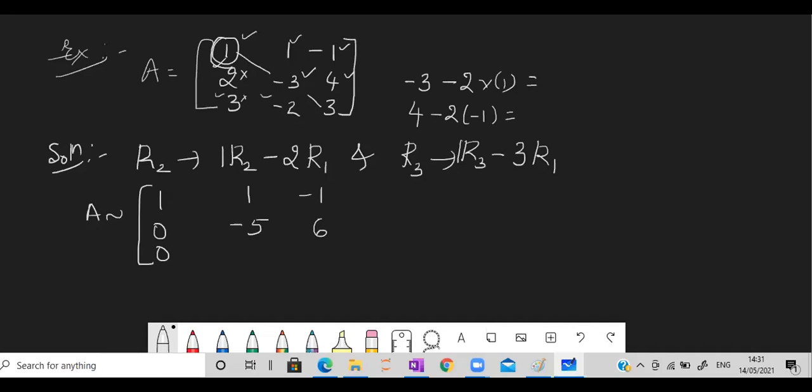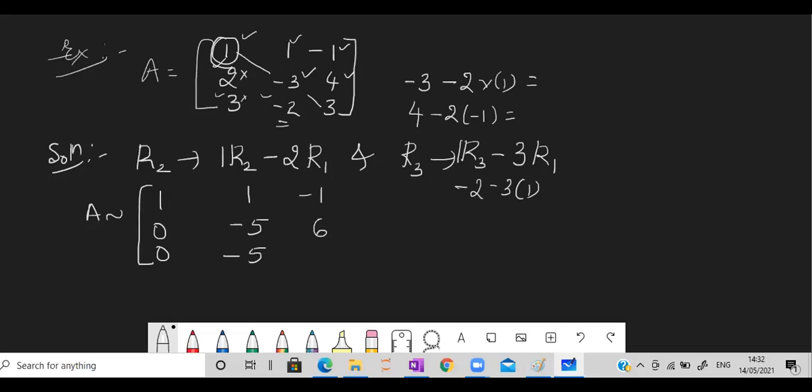Now this is 0, done. Next, the same operation should be applied for the remaining two elements of R3. Corresponding to -2, the R1 element is 1. So -2 minus 3 into 1 is -5.